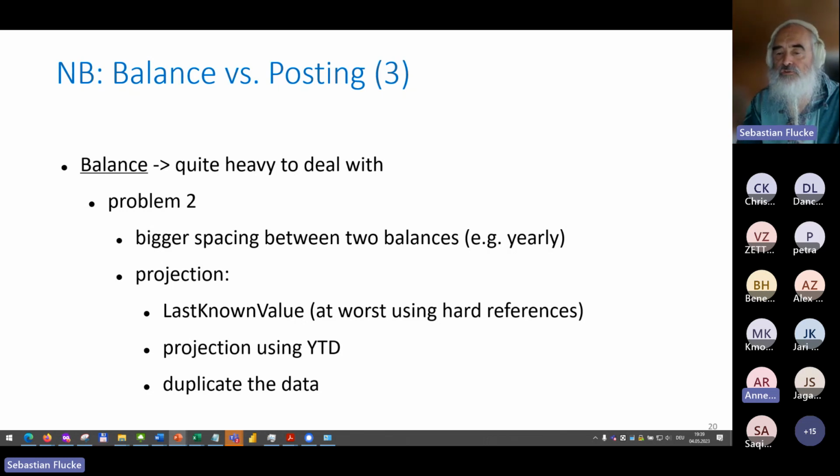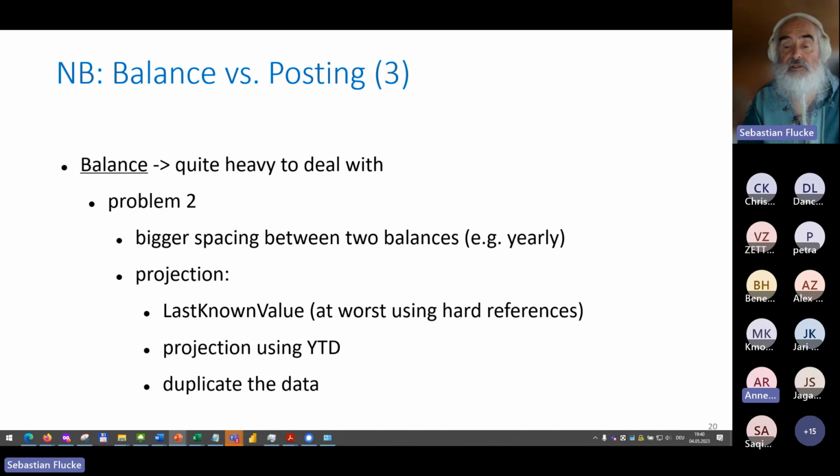Or you can use the year-to-date functionality. That means you have to duplicate the value at the start value for every year, and if you create a measure regarding that value which uses the year-to-date feature, then that feature virtually copies that value to all days in your year, because you have only one start value and no other value comes up during the year.